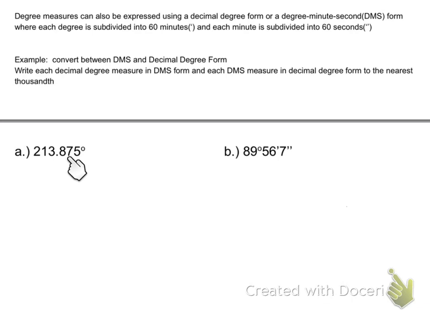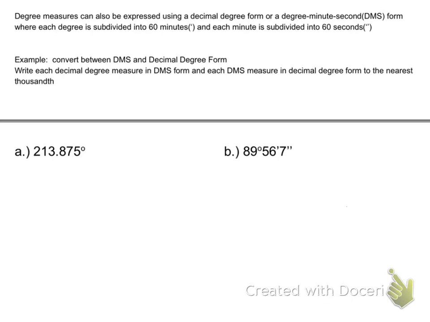So obviously, the more decimal places you go, the more accurate things are. Or we can use the degree minute second, the DMS form, where each degree is subdivided into 60 minutes, and each minute is subdivided into 60 seconds.